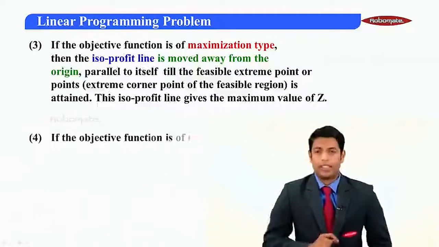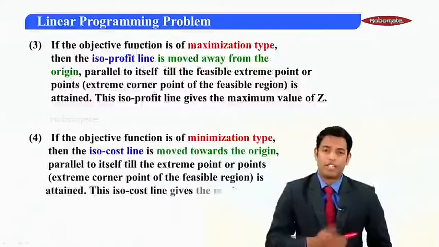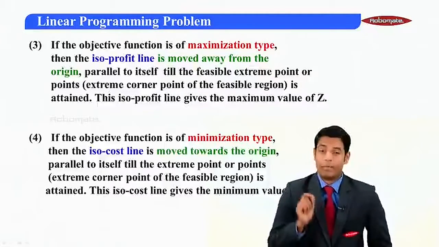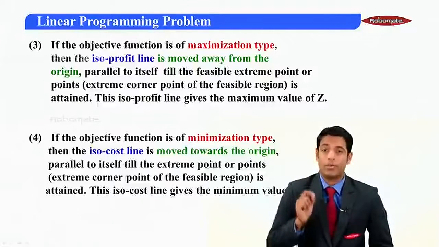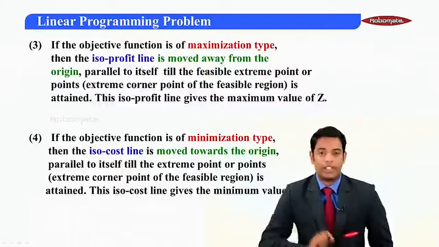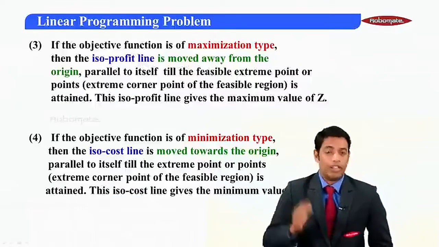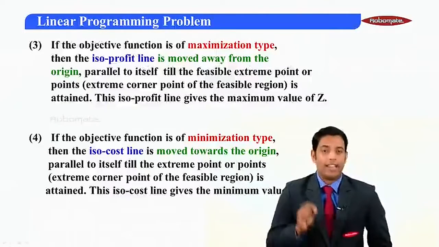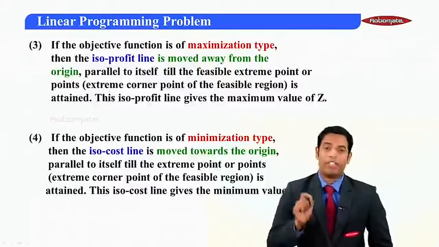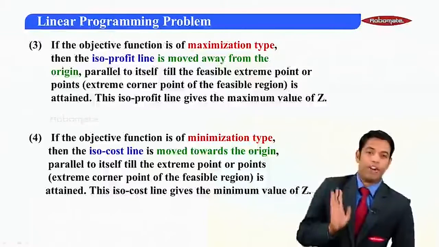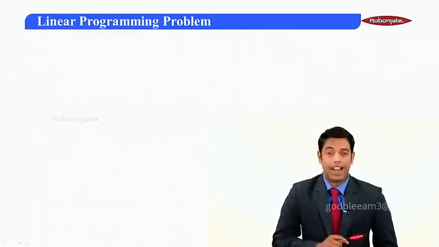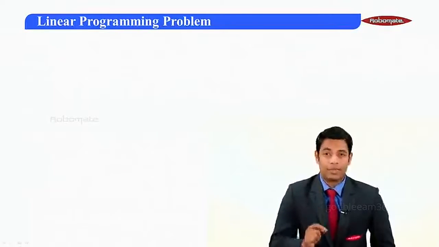Now, the next step is for minimization, that is what we call the isocost line. Remember, the isocost line is always moved towards the origin, not away from the origin. So we move the isocost line towards the origin till the extreme point is attained, and at that point we will get the minimum value of z.